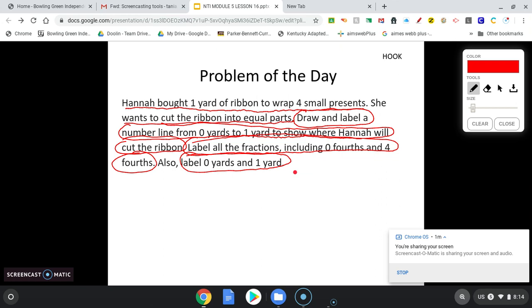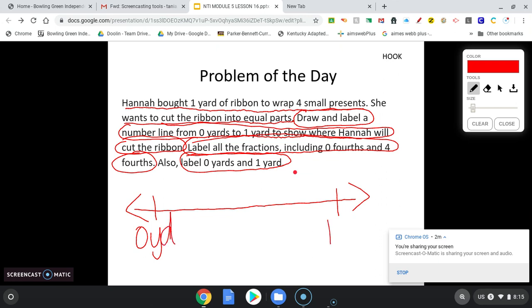So let's start out by drawing a number line from 0 yards to 1 yard. So let's draw our number line. And let's label that number line 0 yards and 1 yard.